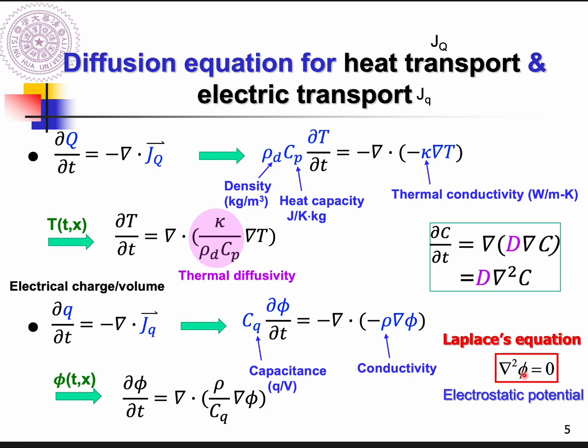So if you take these results back to here, then partial phi partial t equals 0, right? This means what? The electrical potential distribution does not change with time, and also implies what? Do we have the electrical potential gradient? Do we? Yes, right?